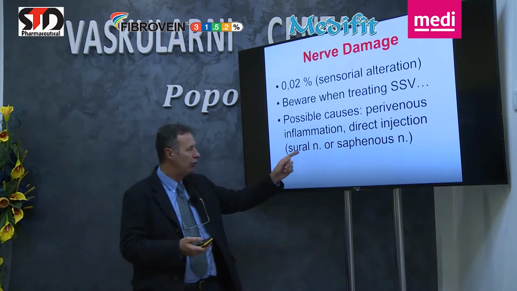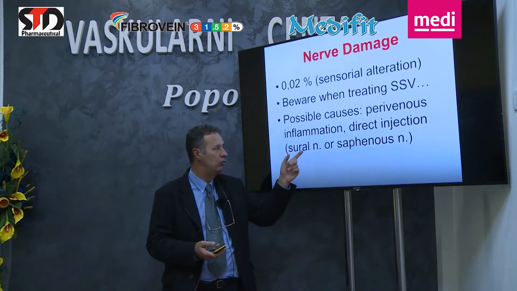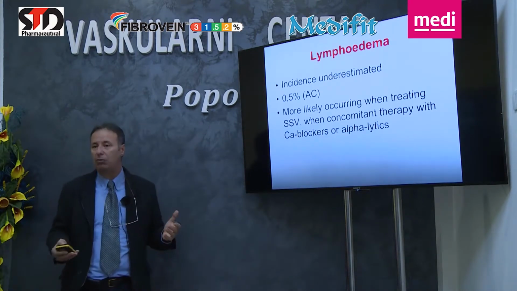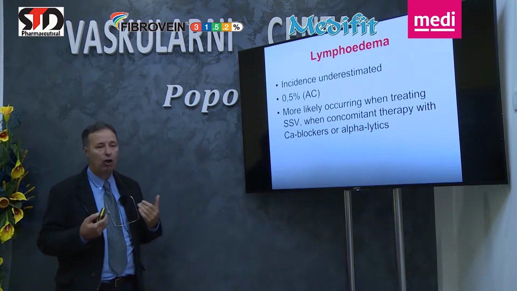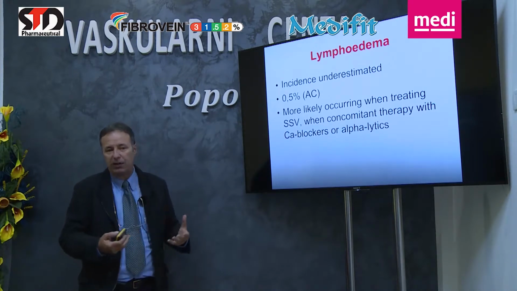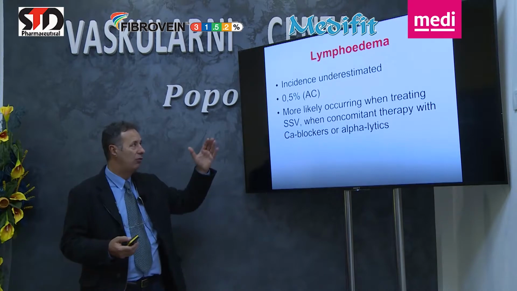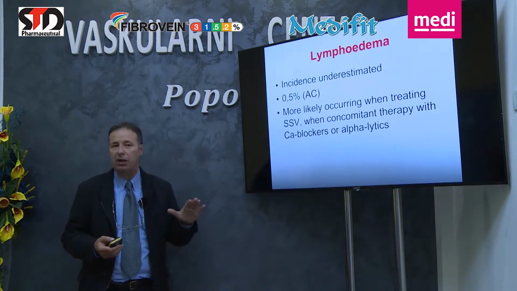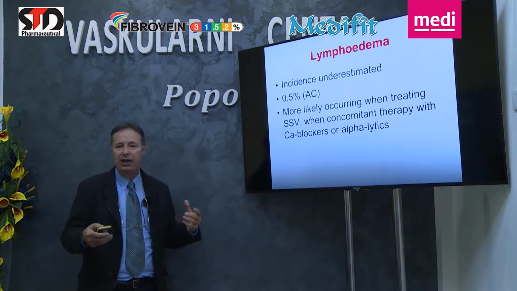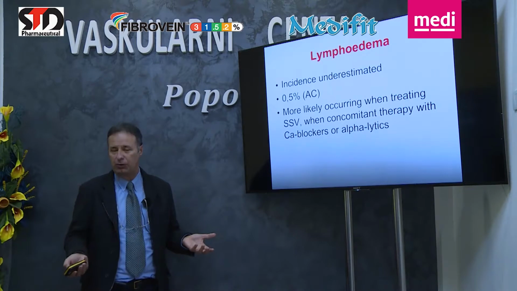The direct injection is more possible when you inject the small saphenous vein because the sural nerve and the saphenous nerve are quite close. Edema, or better, lymphedema. I love to treat patients with lymphedema, so I'm quite expert, let's say, in lymphology as well, but in my experience it is rare, and when it happens the patient was probably already under a kind of lymphatic predisposition, lymphostatic predisposition.